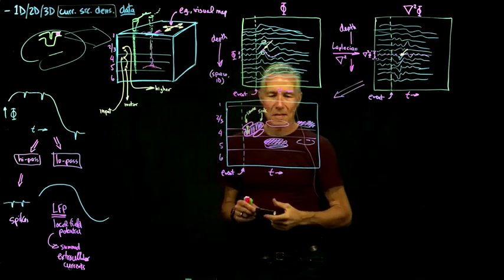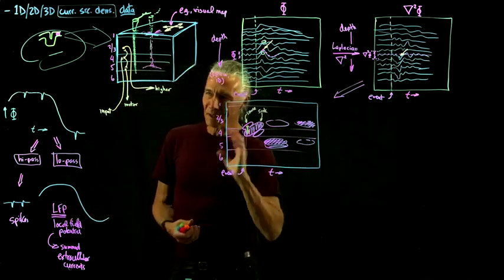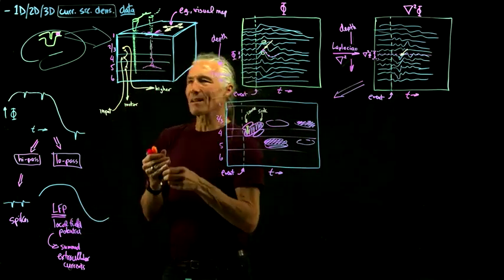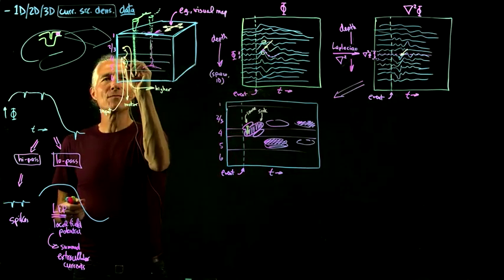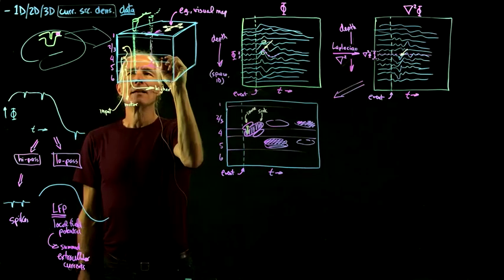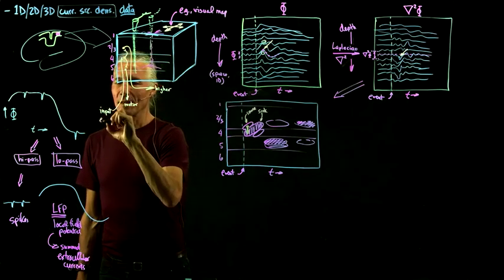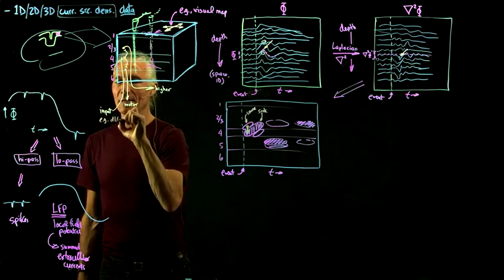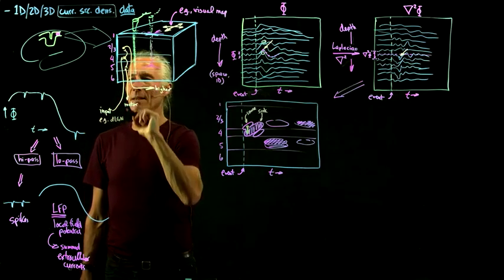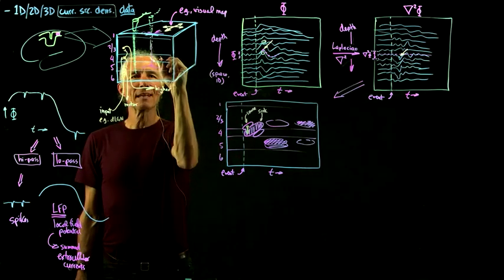The fact that that's the first one you can see is a little disturbing, because it turns out that in layer 4, a lot of the cells hit by the input, for example from the dorsal lateral geniculate nucleus, a visual nucleus that projects up to layer 4, are stellate cells.